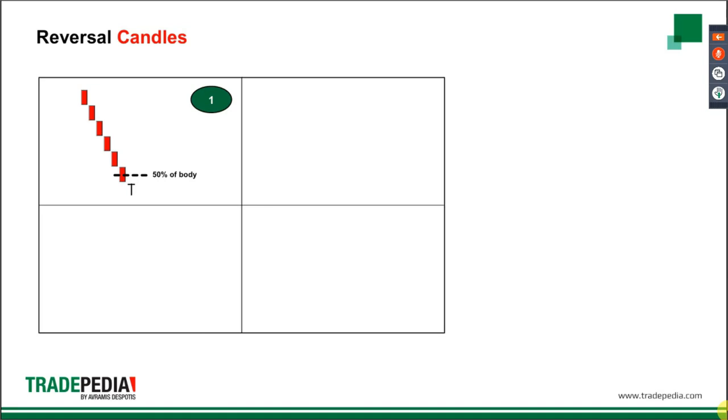You want 50% of the body, and it pushes higher, 50% higher. So in pattern number one, you notice how the bullish candle closes above 50% of the previous big bearish candle. You can see the green candle basically closes 50% above the previous red one. So that's the first one.